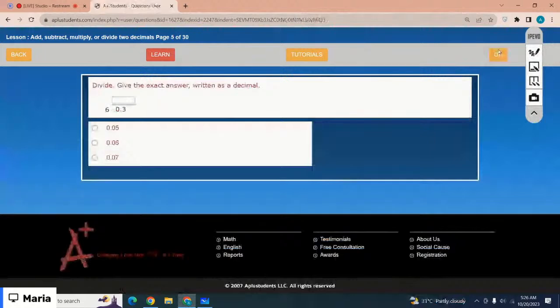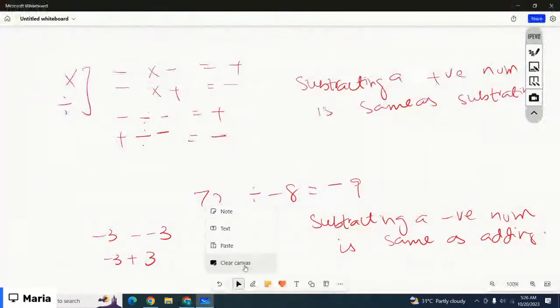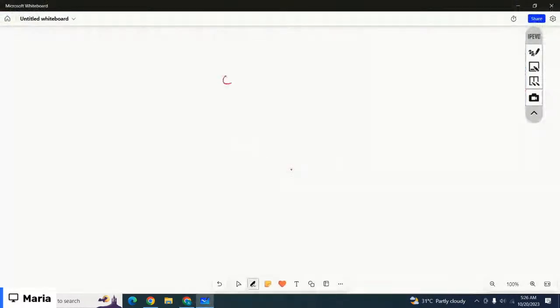Okay, 0.3 divided by 6. Divide or multiply? Okay, yes, that is divide. 0.3 divided by 6. That is 0.5, right? 6 times 5 is 30, so that would be 0.5.